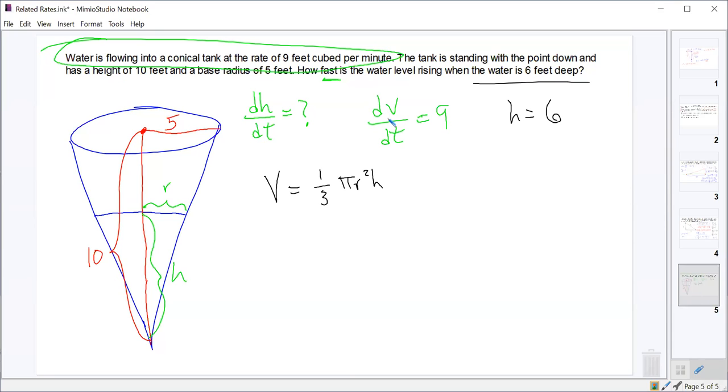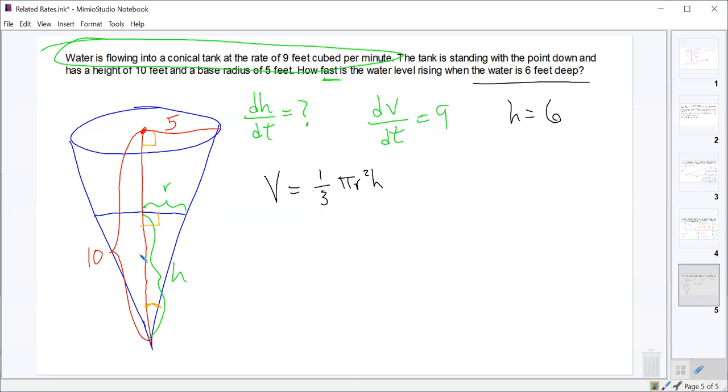Is h just 2r? Why would it be 2r? Because it's a similar triangle to the 5 and 10 one. Exactly. This is a right angle, and this is a right angle, so these two right triangles share one angle in common. They also share this angle in common.